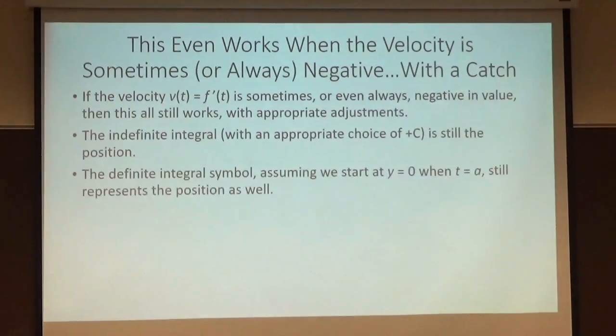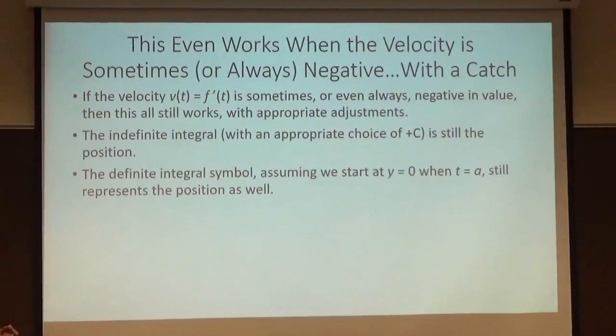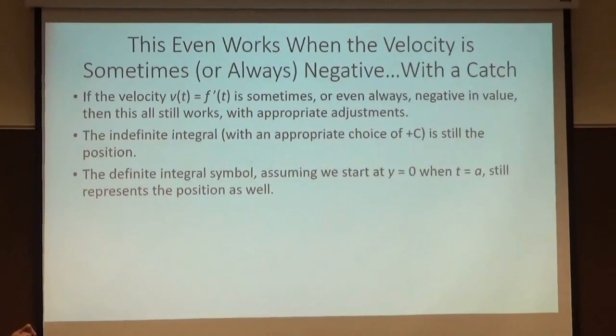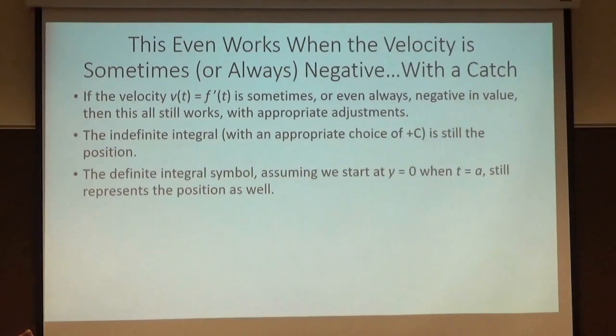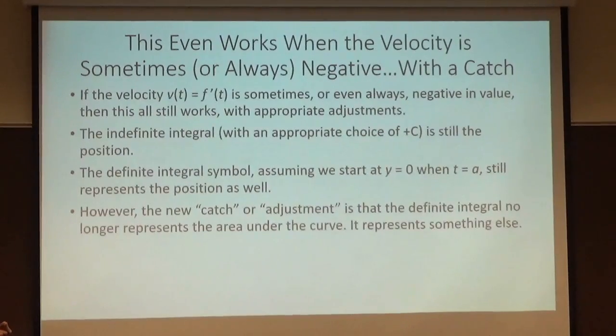The definite integral symbol, once again, assuming we start at position 0 when t is a, the starting value of time, often 0, still represents the position as well. However, as an area, it doesn't represent an area under a graph. Instead, the catch or adjustment is that it represents something else.